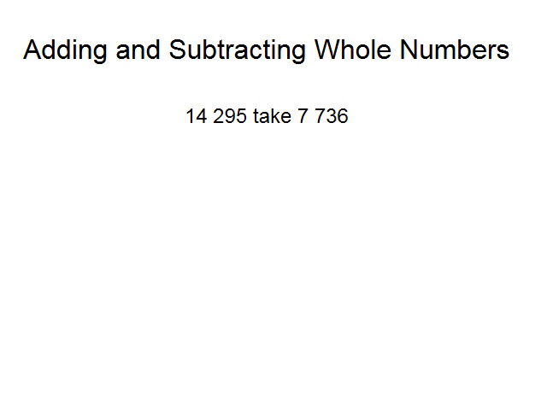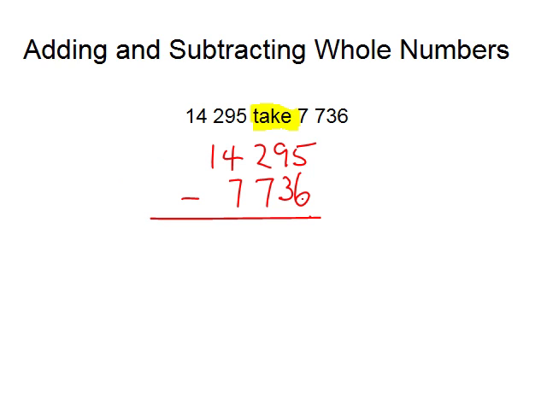The next question, I'd like to highlight the word take. It's 14,295, take away 7,736. Once again, we need to make sure that numbers of the same place value line up before we start subtracting. 5 take 6, can't do.